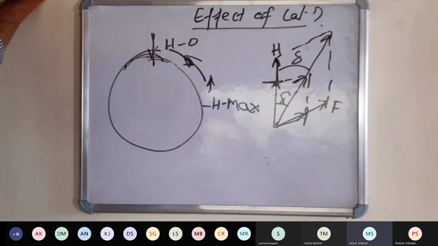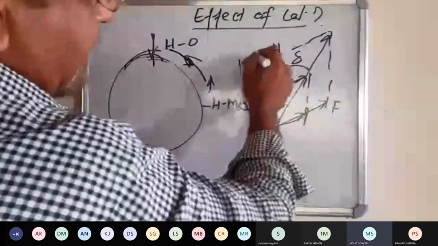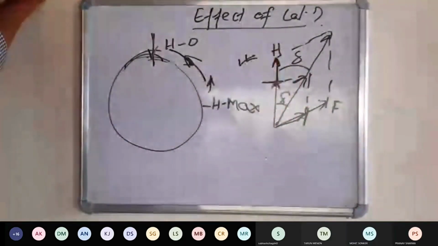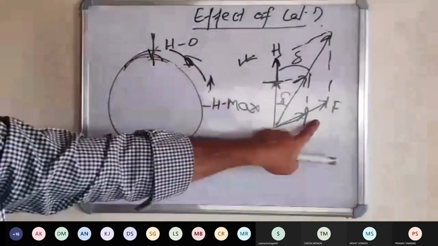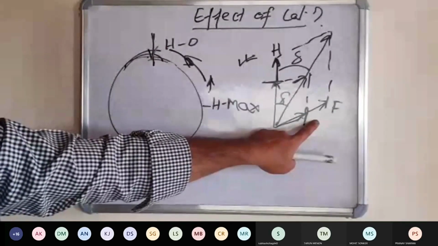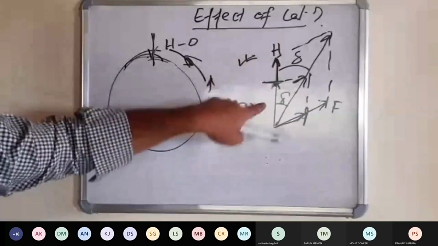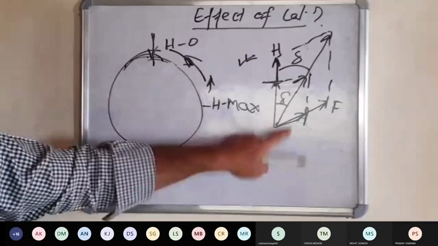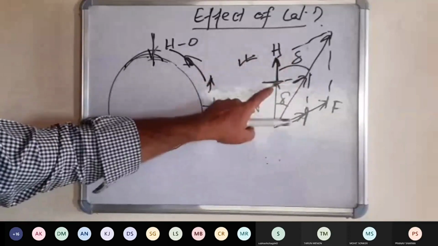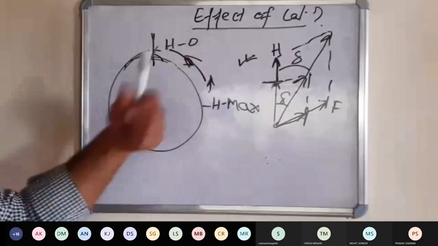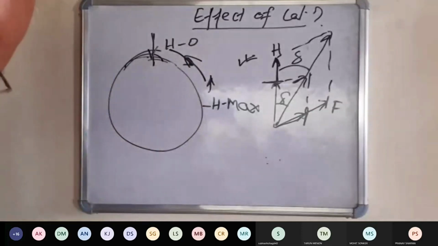Remains same, sir. That means there is no effect of the latitude change on the D. When H increases, the disturbing force increases by the same proportion. When H decreases, this also decreases. The result is that the deviation caused by them is same at all latitudes.